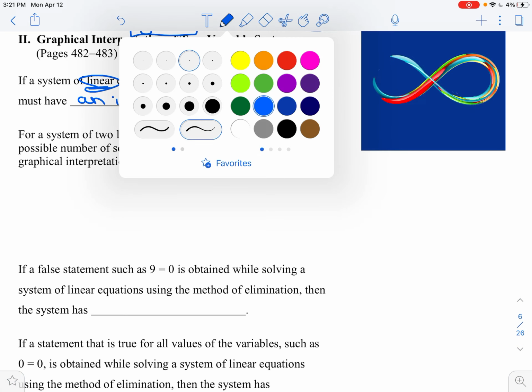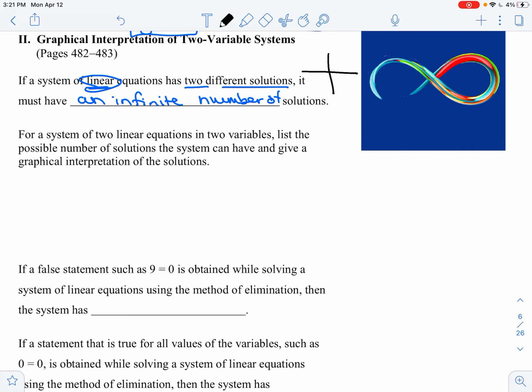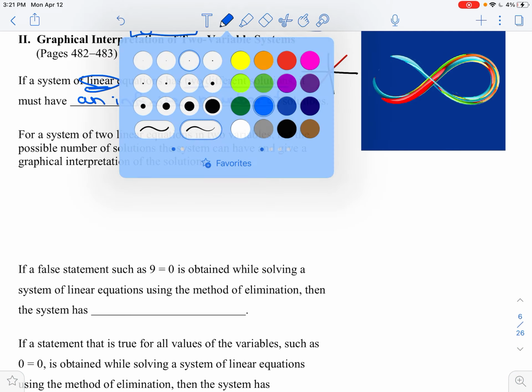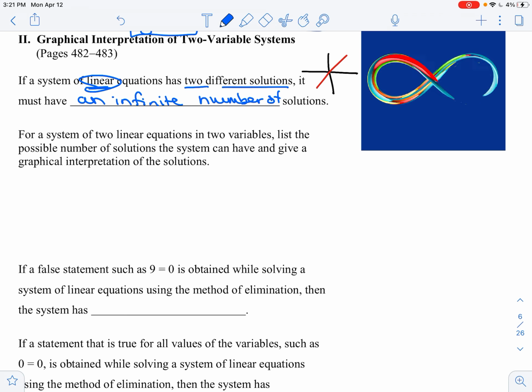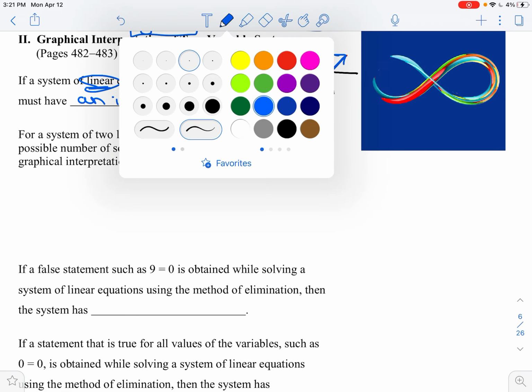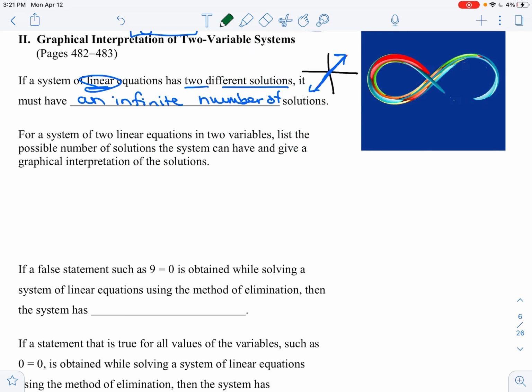If this is my graph and I've got one line, the only way for another line to have two solutions with the line I just gave is if it intersects it more than once. That basically means it's the same line, which means it has not just two, but an infinite number of solutions together.